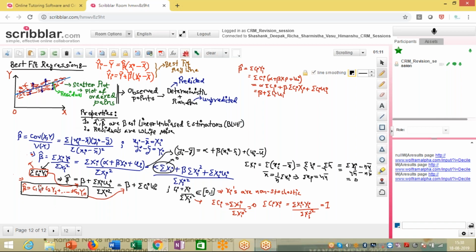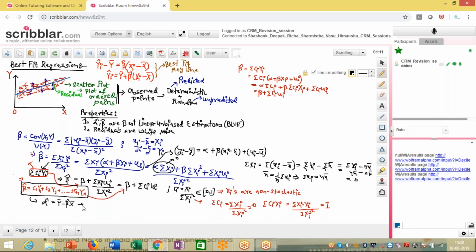Now from here, once you prove that beta hat is linear, alpha hat also gets proven by default, because alpha hat is equal to y bar minus beta hat x bar. So if beta hat is linear, it implies alpha hat is also linear.